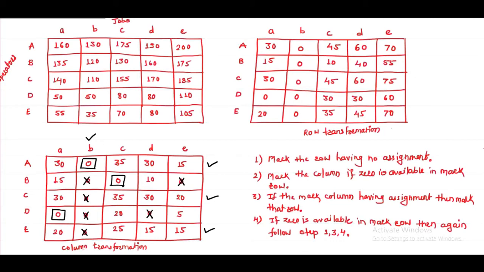So if 0 is available at this particular position, we have to mark the fifth column also. So this fourth step is for if 0 is available in the marked row, then we have to use again the second step, third step and fourth step.